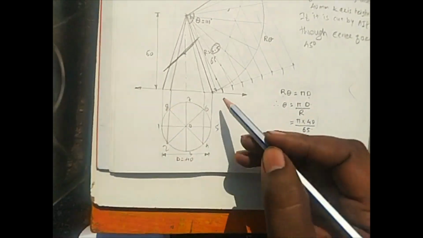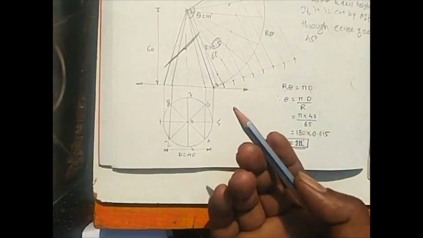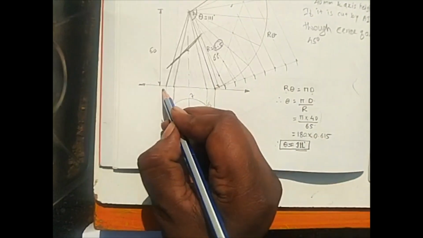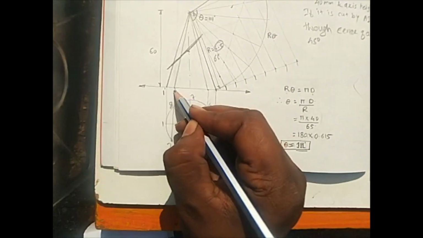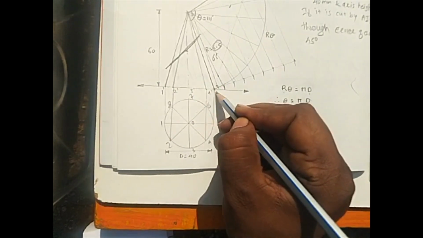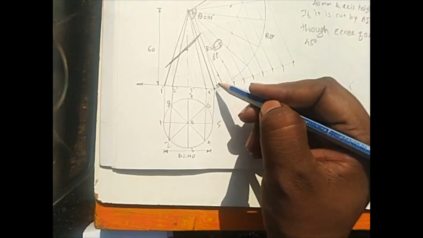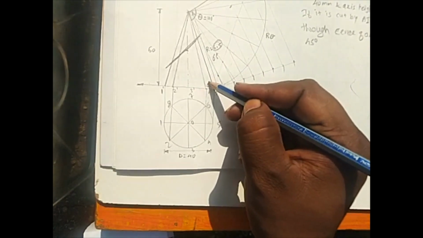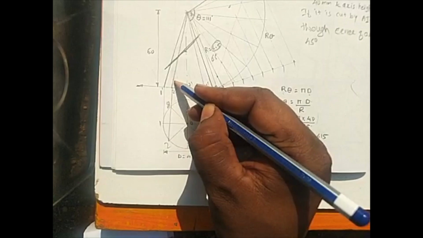Now the way we have named this top view, also we have to name this front view. This is 1 dash, then 2 dash, 3 dash, 4 dash, 5 dash, then 6 dash, 7 dash, 8 dash.